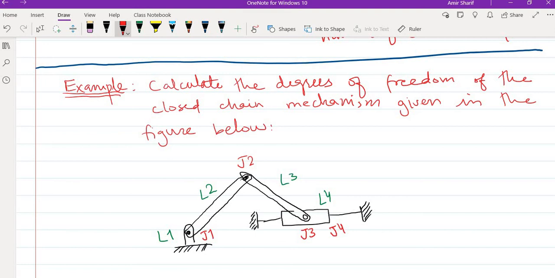This link 4, L4, can move left and right, so it can move along the x-axis. So we can call this joint a prismatic joint.